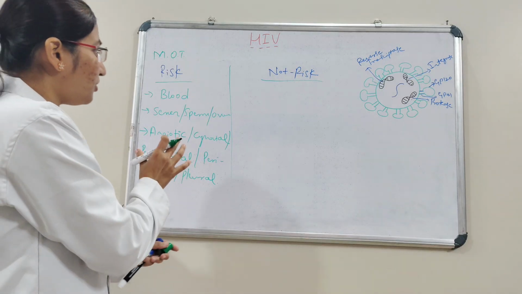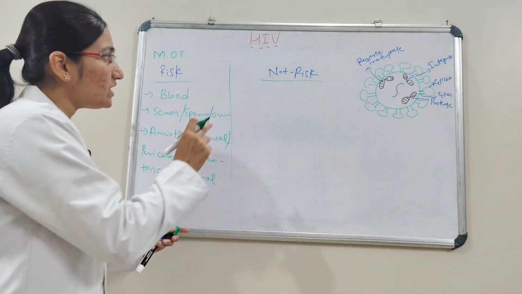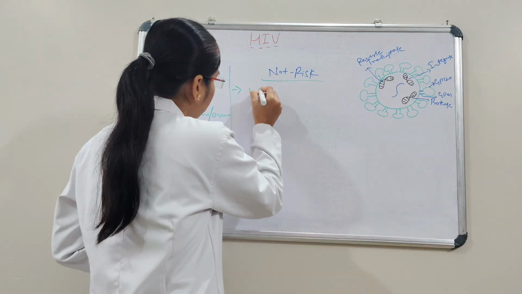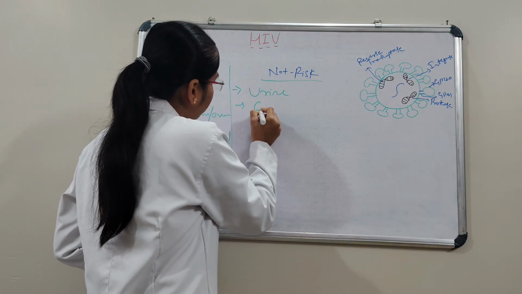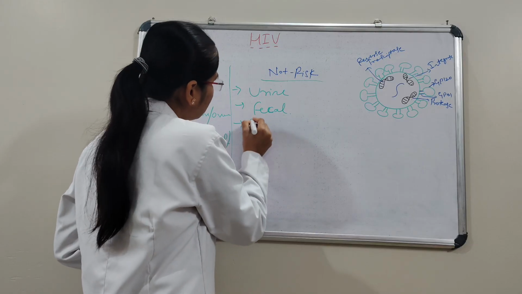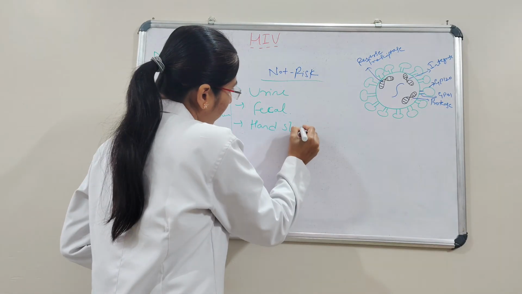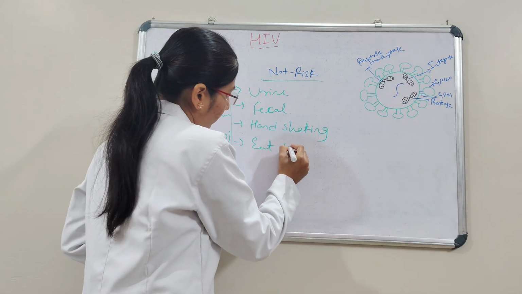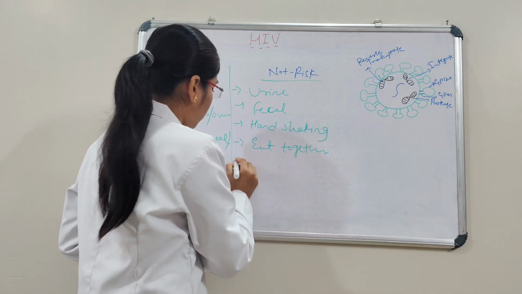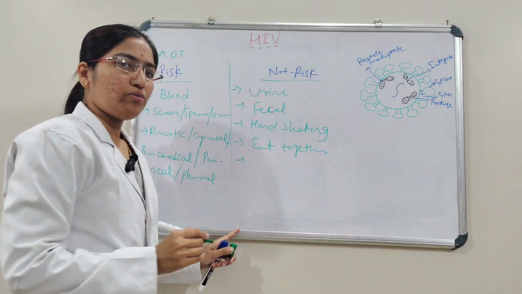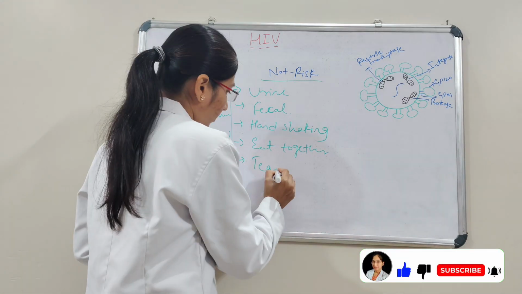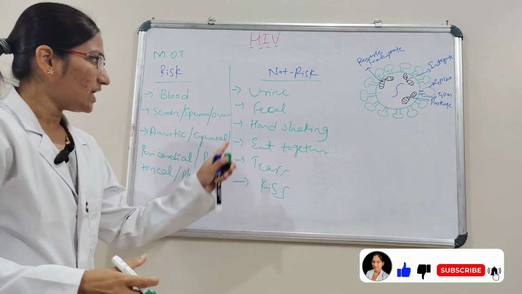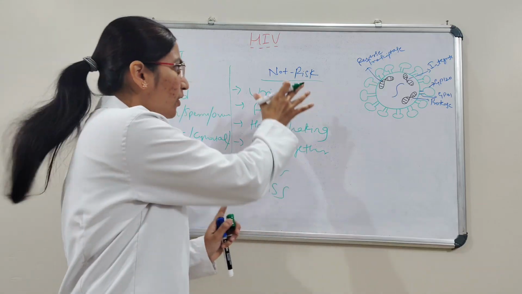From these, HIV can spread. Now the non-risk: urine, fecal matter, handshaking, eating together, tears, and kissing. It doesn't spread from these things.